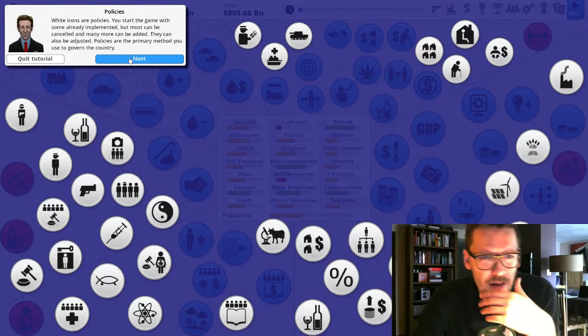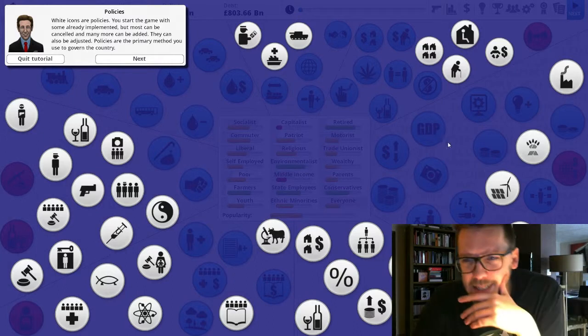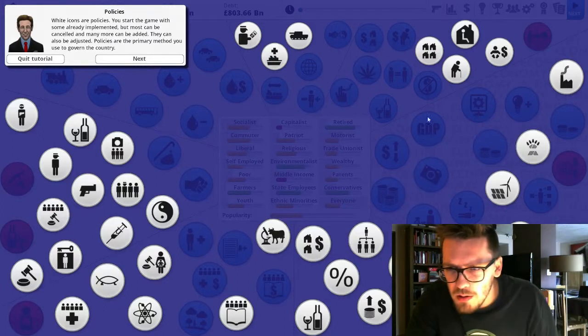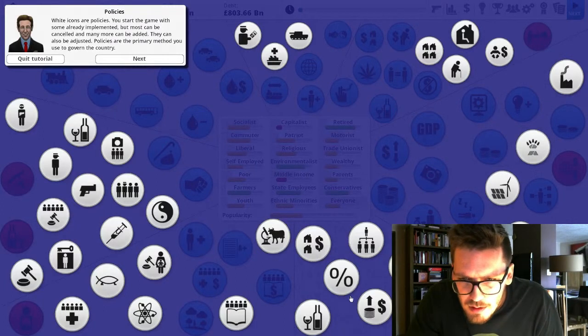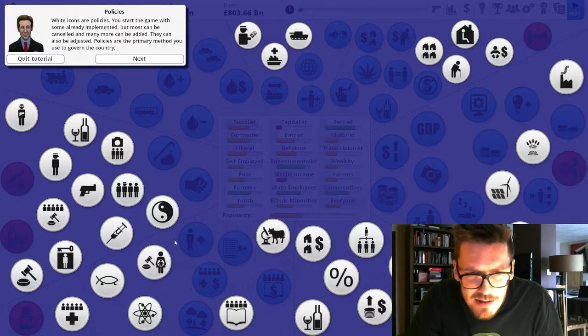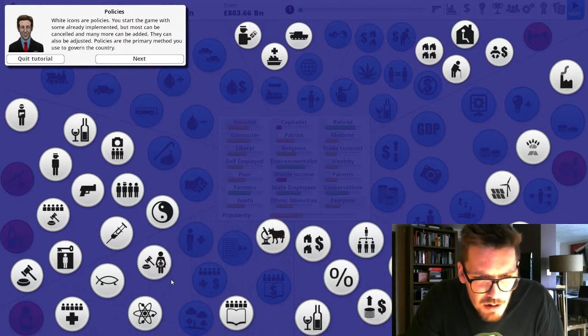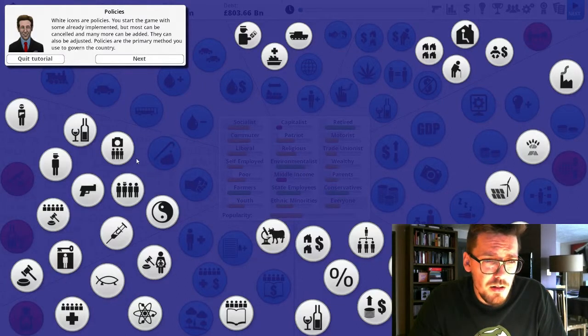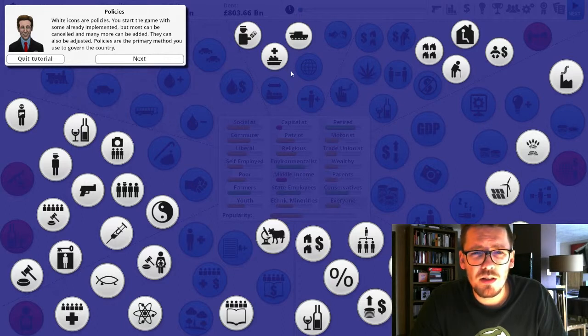Making policies. Maybe you guys can't see this, but I can, peek behind the blue veil here. These ones are all economy based. These ones are about taxes. These ones are, oh my god, public service. The law and order, which is why there's a gun there. Then this is transport.